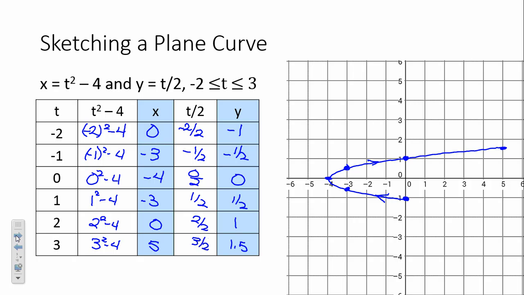A parabola. Vertex at -4, 0, opening to the right. So is it x squared or y squared? Y squared, yep, because x squared would open up or down, right? And our a, our 4p, is going to be positive here because it's opening to the right. Make sense? Nothing more than a parabola in this case.